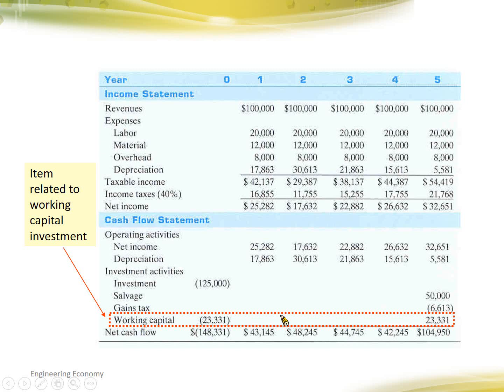Although the numbers look the same, the value of the working capital that you recover is a lot less than you put in the beginning. That you need to understand.